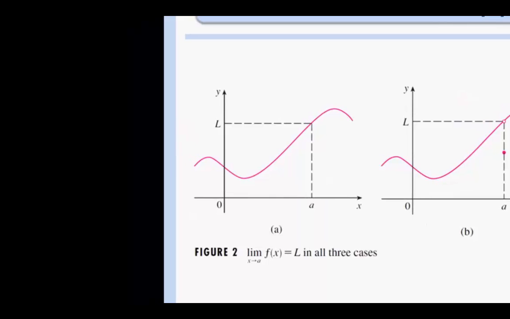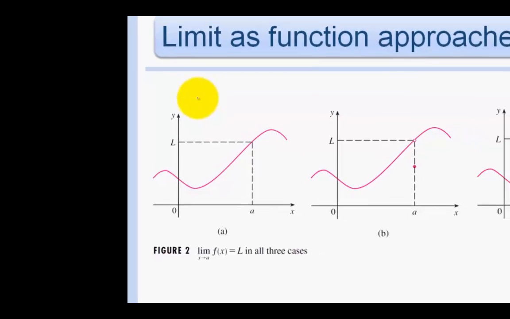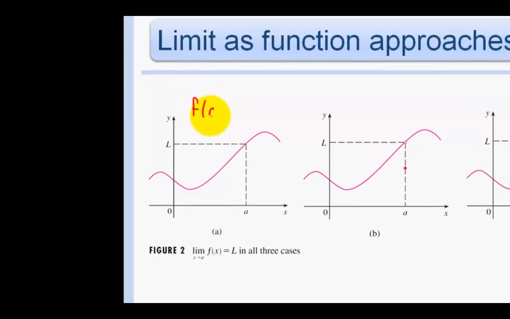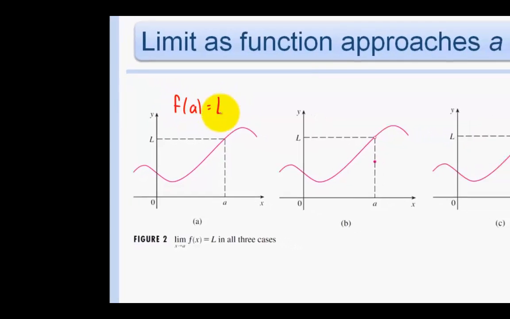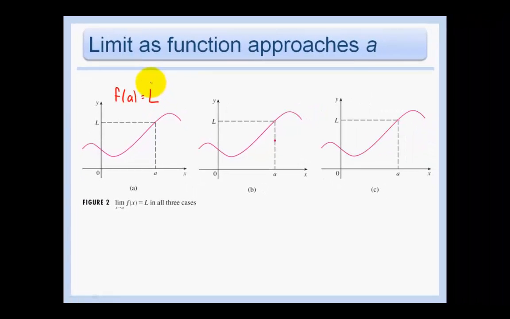If we look at figure A, that's our most obvious example, seeing that the limit as x approaches a of f of x equals L, because we see that from both the left and from the right, we're getting close to the value L. In fact, in A, we actually see that f of a is equal to L. So we see that the limit equals L and f of a equals L in figure A.